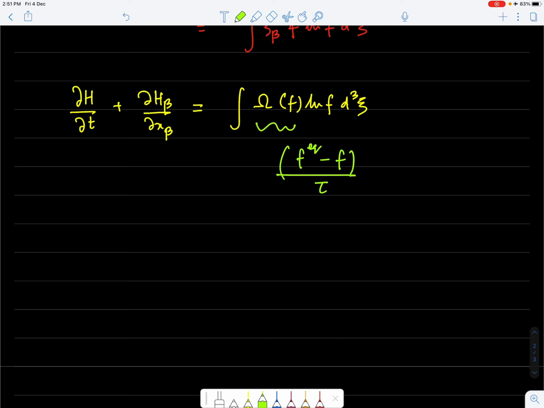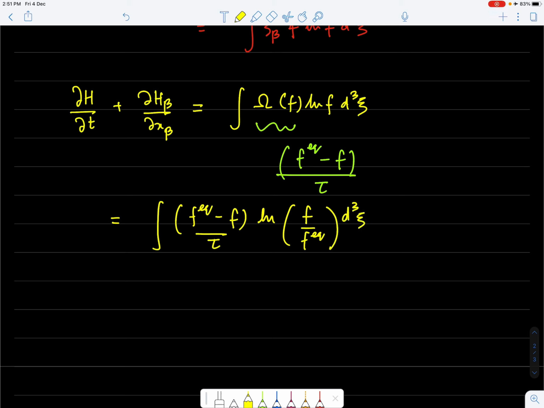Okay, so the right hand side would become integral (f eq minus f) by tau log of f, and now what I'm going to do is I'm going to write this as log of (f by f eq) d3 xi plus integral omega of f, which is the same function (f eq minus f) by tau, which is a BGK operator. So this is the BGK form of the collision operator. So this omega f into log f equilibrium d3 xi, where essentially I've added and subtracted the log f equilibrium term.